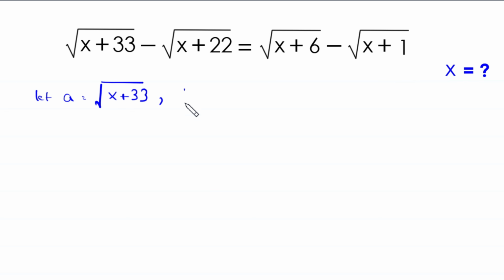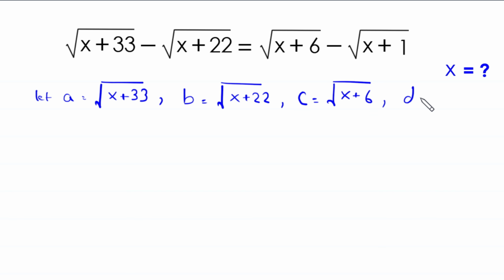First we suppose that a is equal to the square root of x plus 33, b is equal to the square root of x plus 22, c is equal to the square root of x plus 6, and d is equal to the square root of x plus 1.